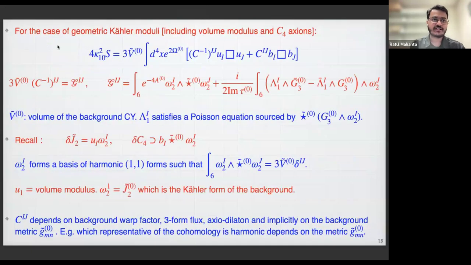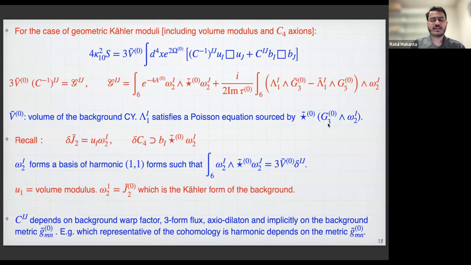Okay, so here is the result. For the case of geometric Kähler moduli, including the volume modulus and C4 axions, I have given the dimensionally reduced action. You can see here that V0 is the volume of the background Calabi-Yau. Certain one-forms appear there, but they satisfy some Poisson equations, which are sourced by these 5-forms, and this is a product of 2 harmonic forms.